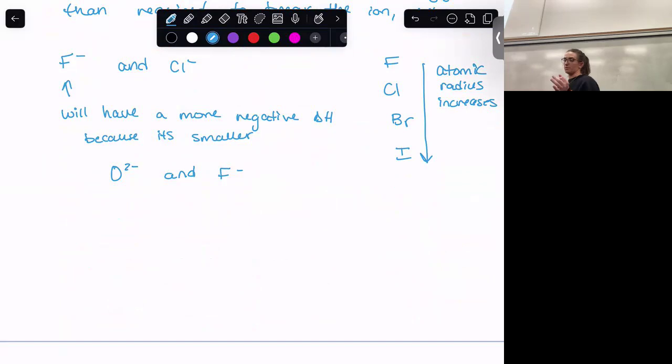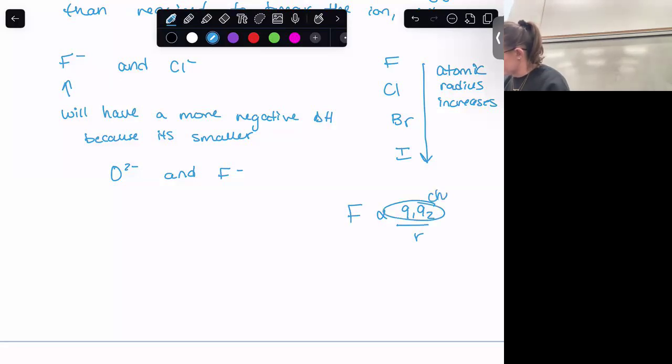Because if you have smaller atoms, they can be closer together, so it's going to require more energy to break that bond. Like the same rules apply. Yes. Yep. Because what I'm asking for is because we have this equation of Coulomb's law. For these are your charges, and this is your radius, ionic radius.